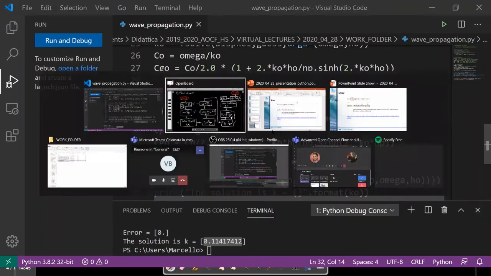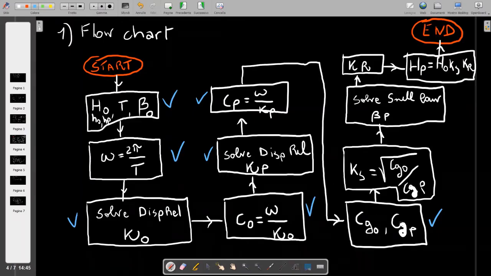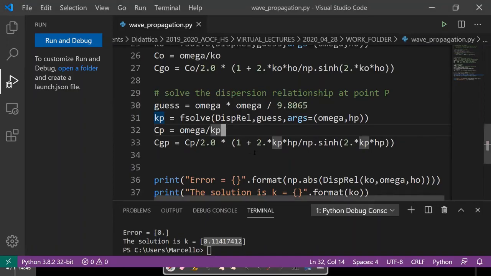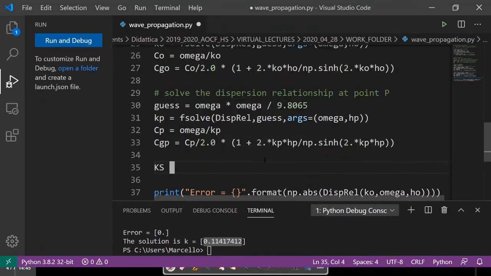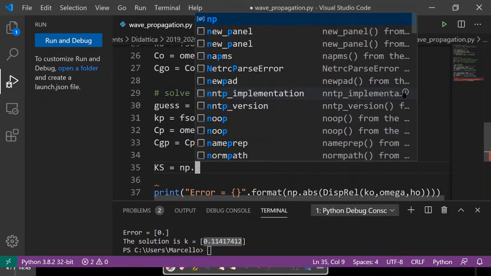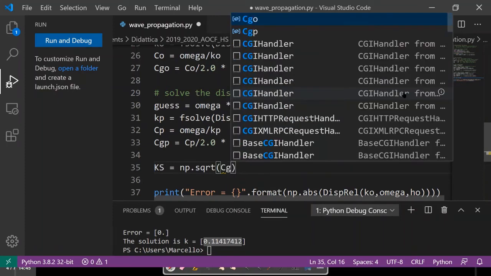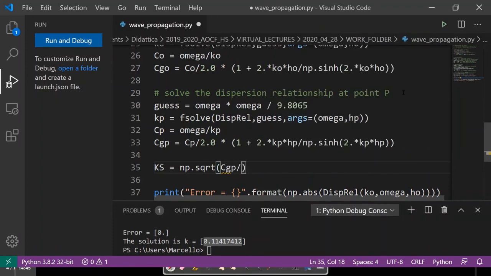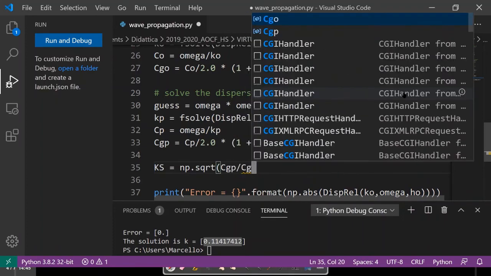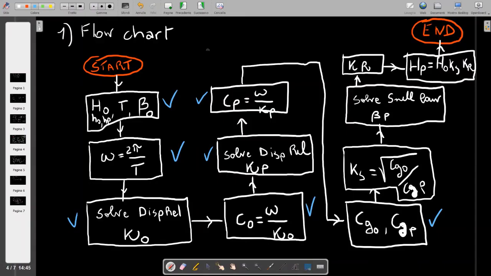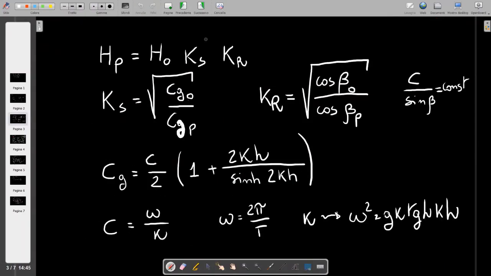So we computed this celerity, and then we can compute the shoaling coefficient. The shoaling coefficient, Ks, is equal to the square root of the group celerity at the point O over the group celerity at the point P. I don't know if I wrote correctly here.